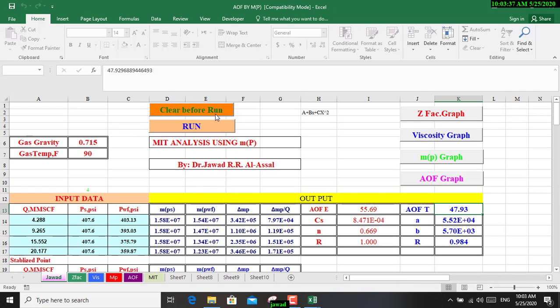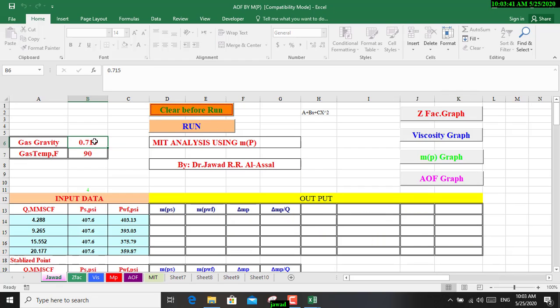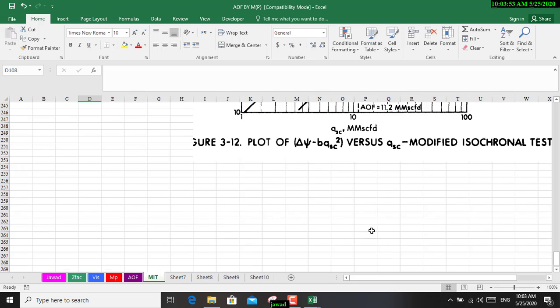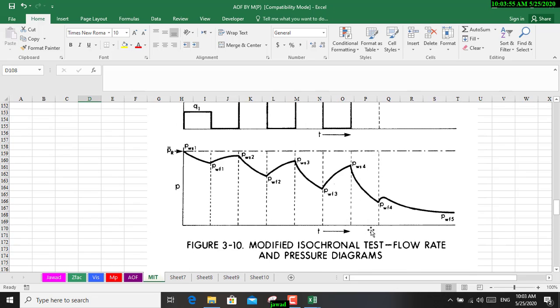Here, first of all, clear everything before. I need the gas gravity, how much? Because I will use MOP and the gas temperature. And I have 4 points, as I told you here. Where is that? MIT. I have 4 points here: 1 point, 2 point, 3 point, 4 point, and the stabilized point.